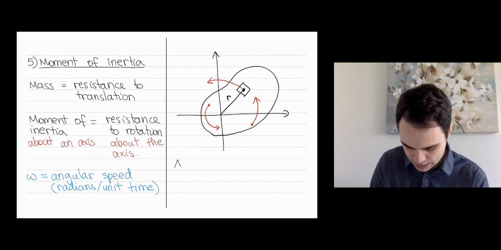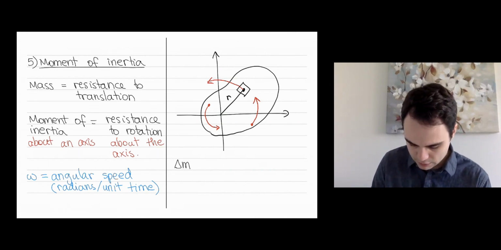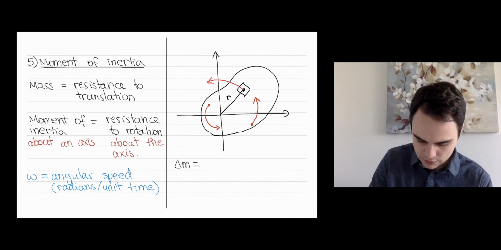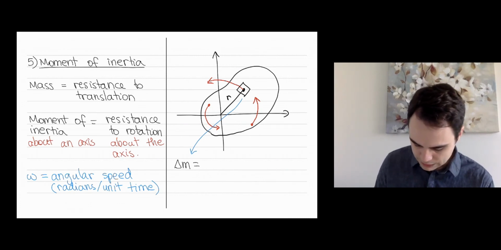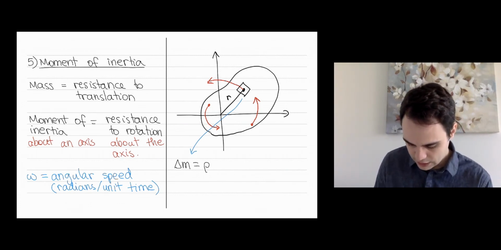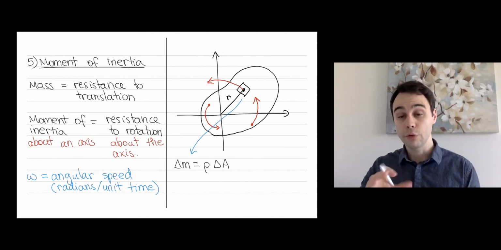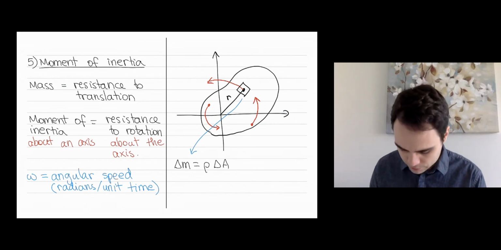What's the mass of the little piece? All this here refers to this little piece. The mass of that little piece is the density times the area that it occupies, a little fraction of the area of the whole region.